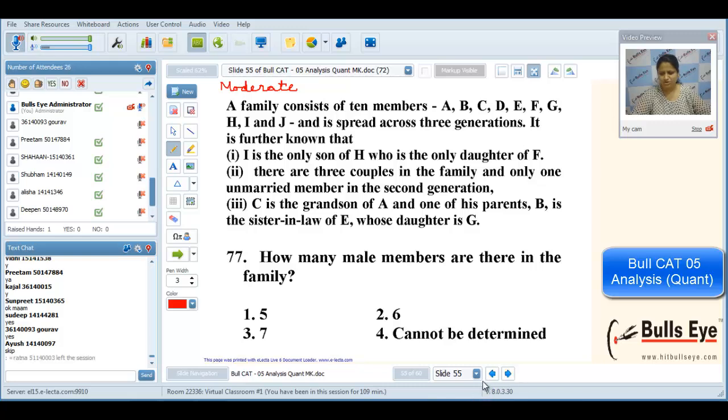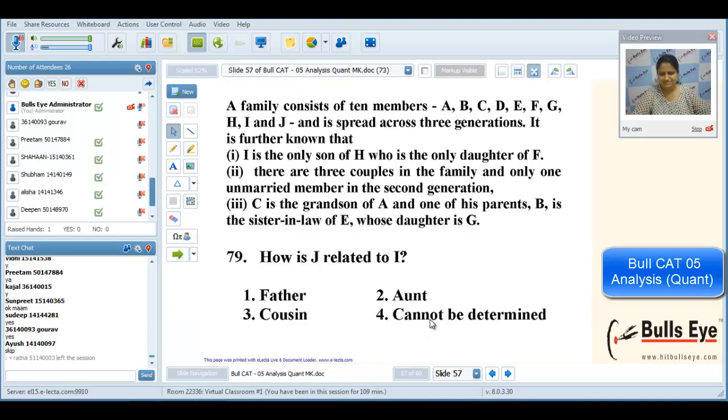I think there is a problem in one of the questions of this set. 79th, I think. It should be uncle. Answer for this question should be uncle.